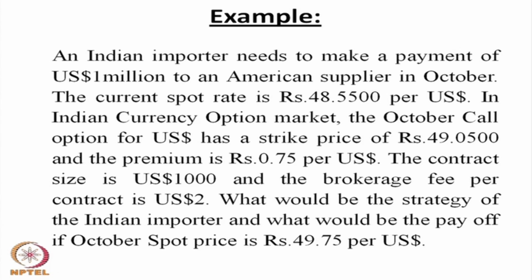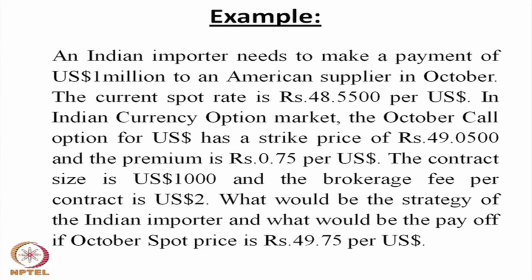The current spot at present is 48.55 per dollar, and in the Indian options market, the October call, because the importer needs $1 million in October, has a strike price of 49.05, and the premium per US dollar is 75 paisa. The contract size is $1000, and the brokerage fee per contract is $2. What would be the strategy of the Indian importer, and what would be the payoff if the October price is 49.75?